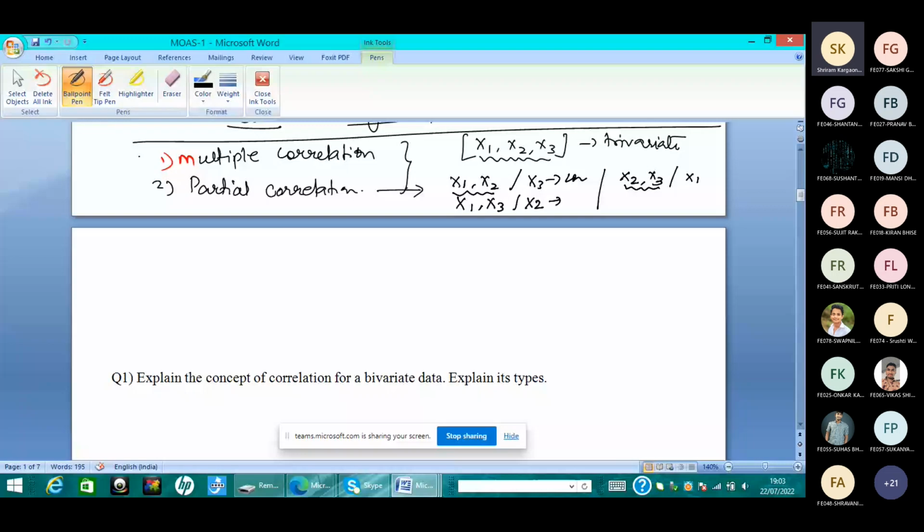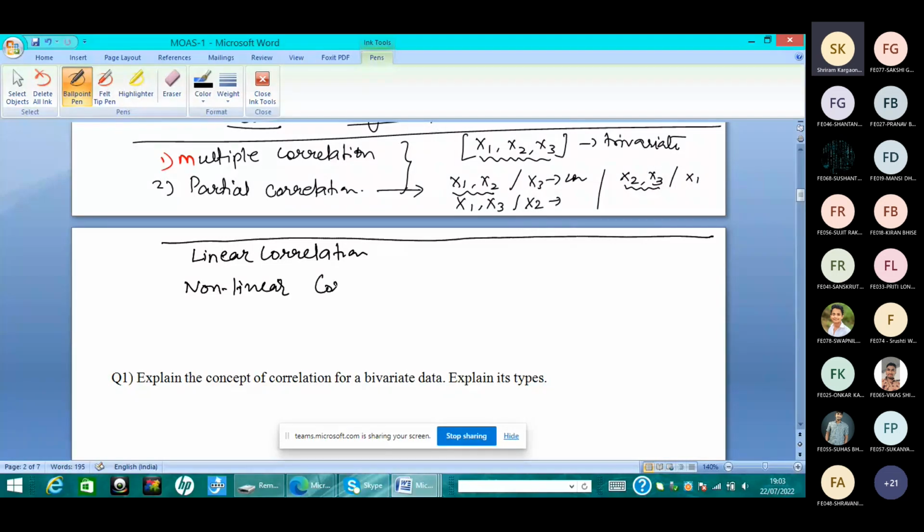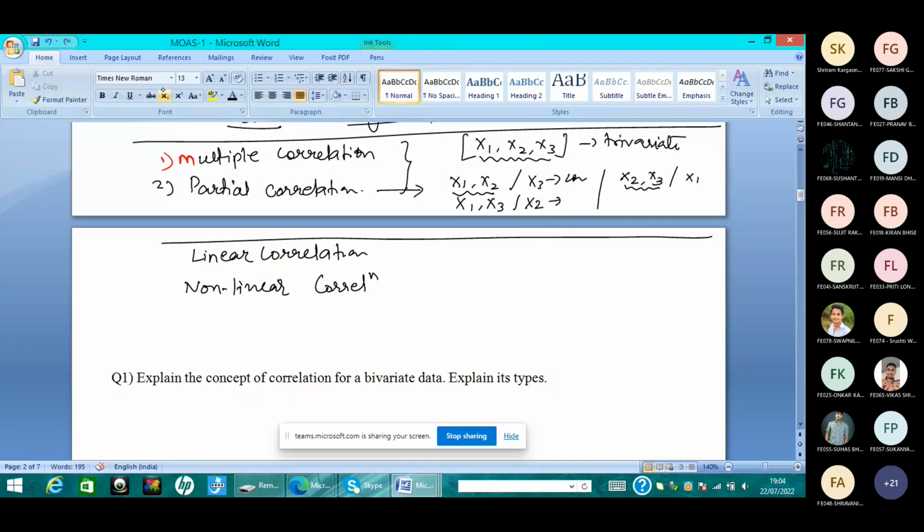Then linear correlation and non-linear correlation. What do you mean by that? A very important term because we will be using it. Linear correlation is very simple.